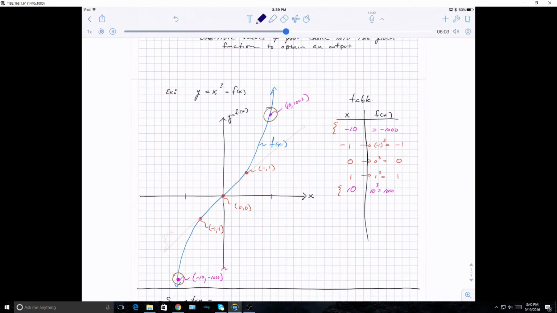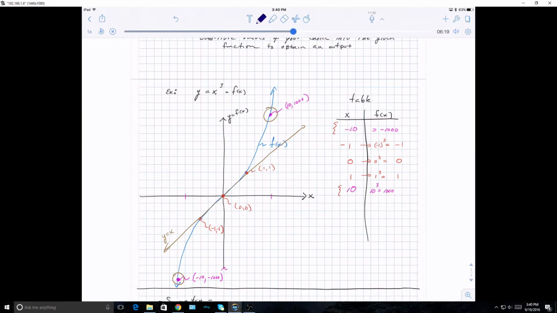What we're really doing is a reflection about y equals x.